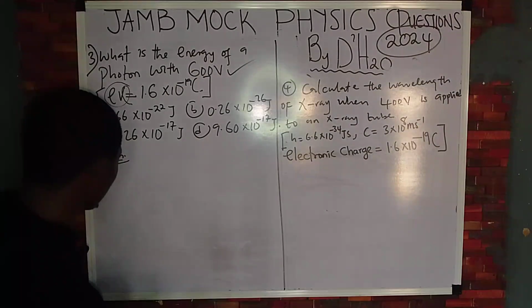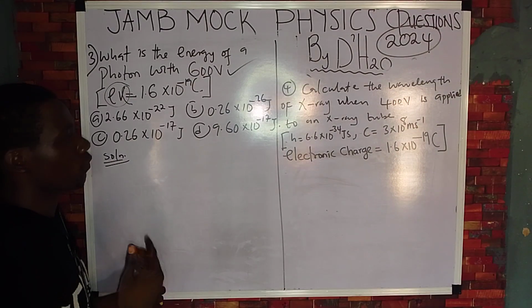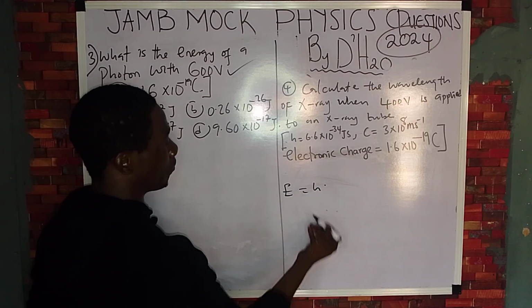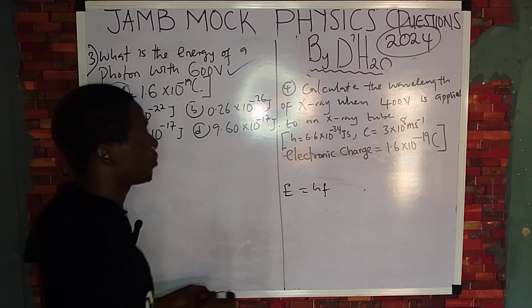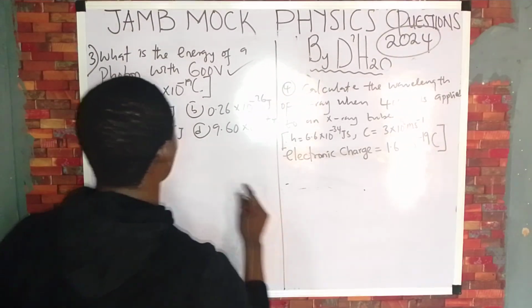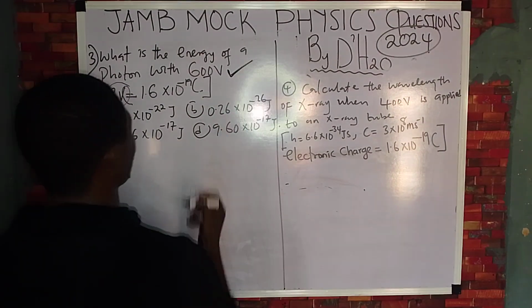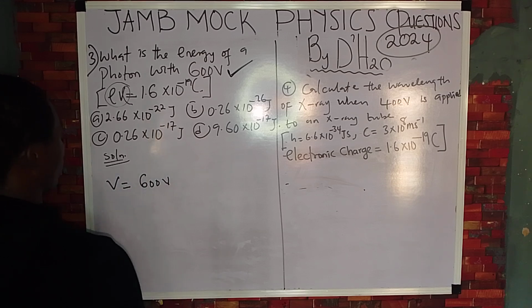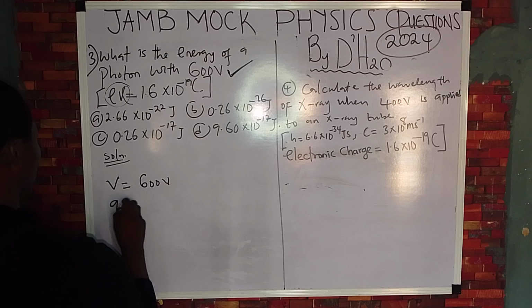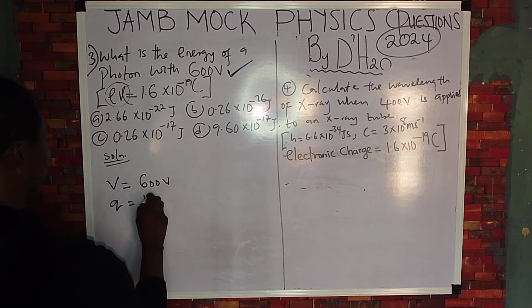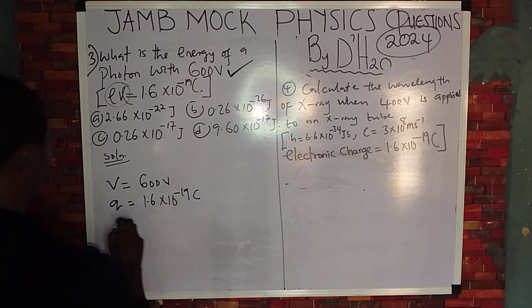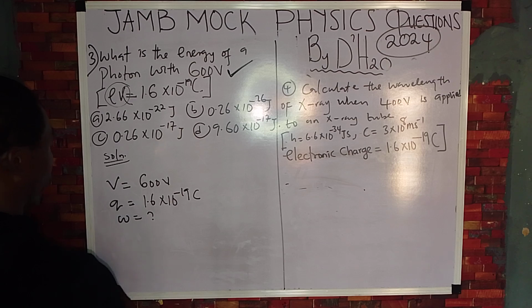Remember that you cannot solve this question with the normal energy of a photon formula, where you have something like this. You have to go back because this is the potential difference. So we can say that the volt is 600 volts, okay? Then the quantity of charge, which is the charge of an electron, is 1.6 times 10 raised to the power minus 19 coulomb.